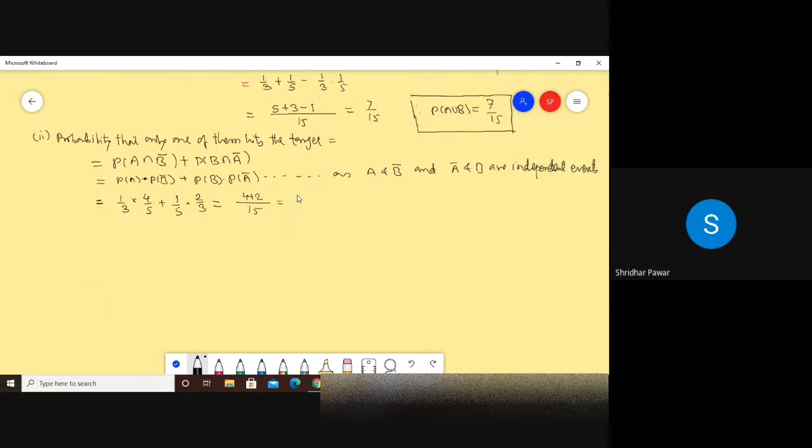So that is 6 by 15, which means it is 2 by 5. So this is what the answer is. Now see the last answer.